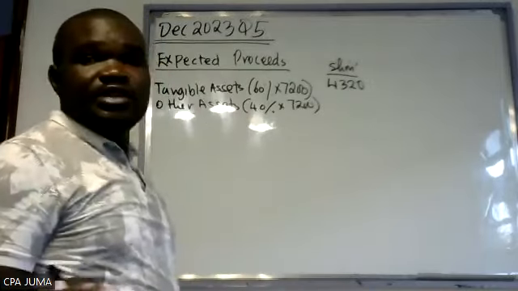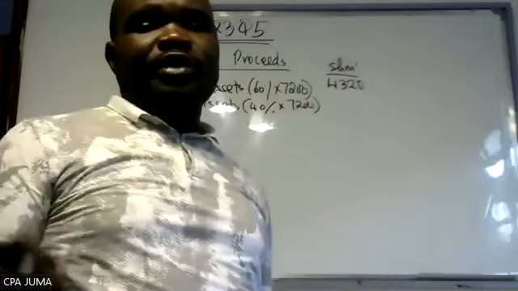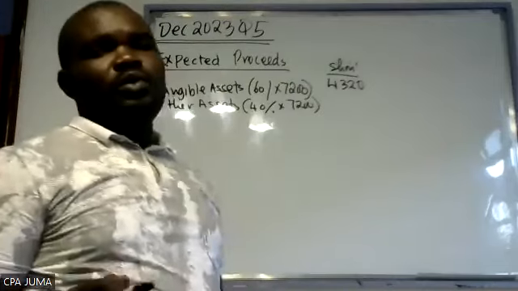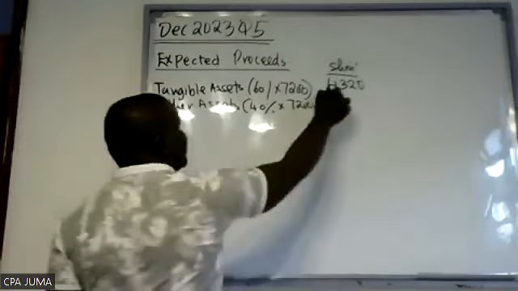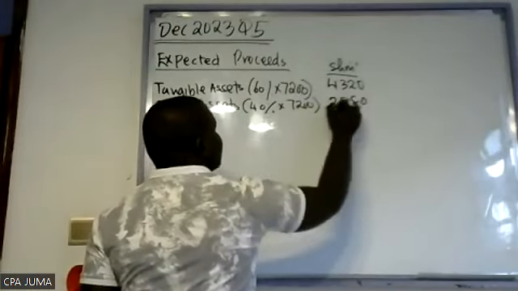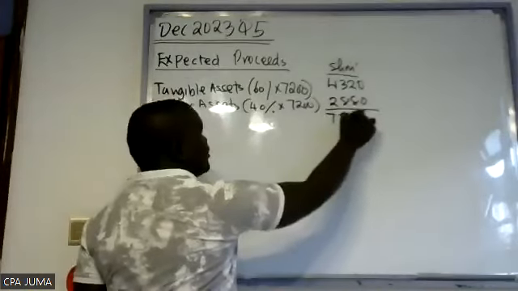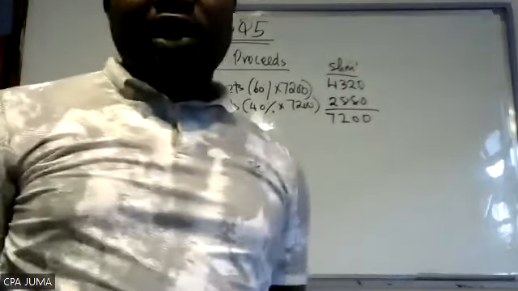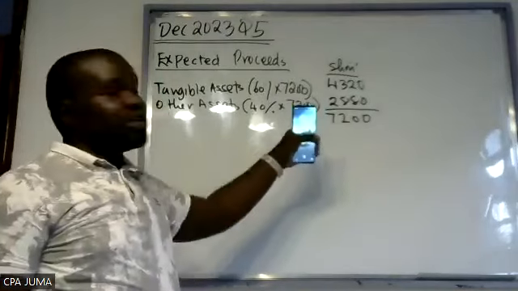So 40% of 72, the difference is 28.80. That one gives us 72. That's why I'm saying somebody could have just written 72 without any problem. So this is the expected proceeds.